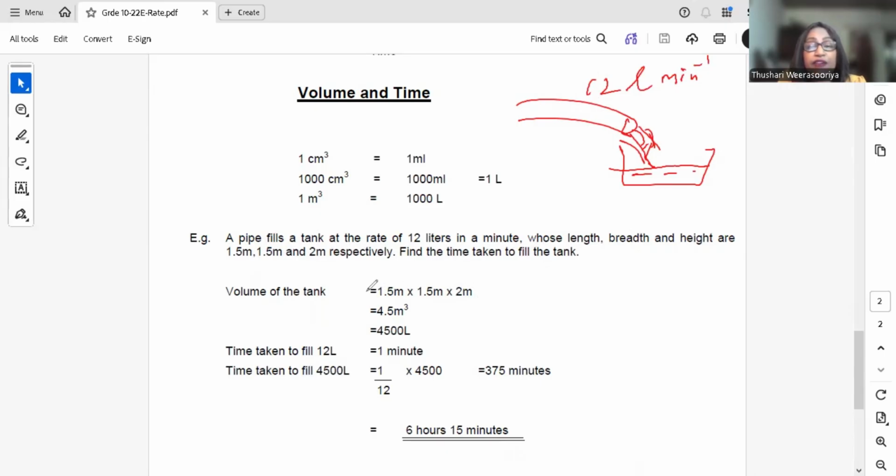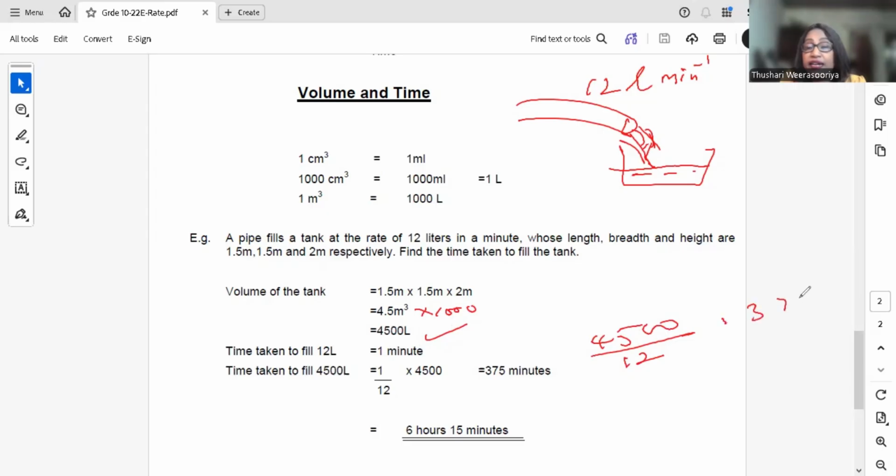Once you multiply, you get 4.5 cubic meters. You multiply this by 1,000 to convert into liters. That is 4,500 liters. Now, 12 liters takes 1 minute, so you divide 4,500 by 12.